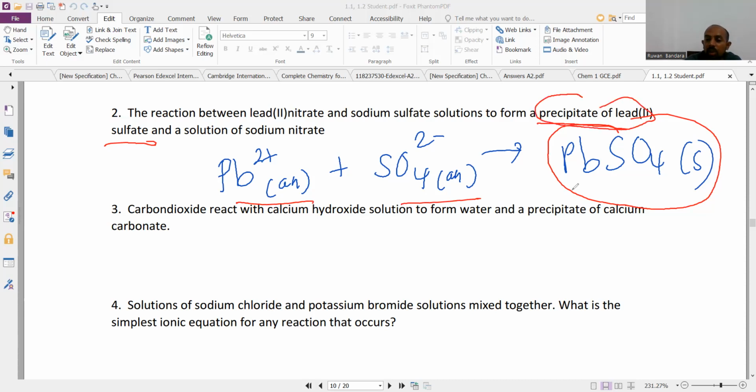Write the formula of the precipitate and write the ions on the left hand side. Yes, that's the ionic equation. If anyone needs the answer in full, yes. But don't try it for the long method. Always.